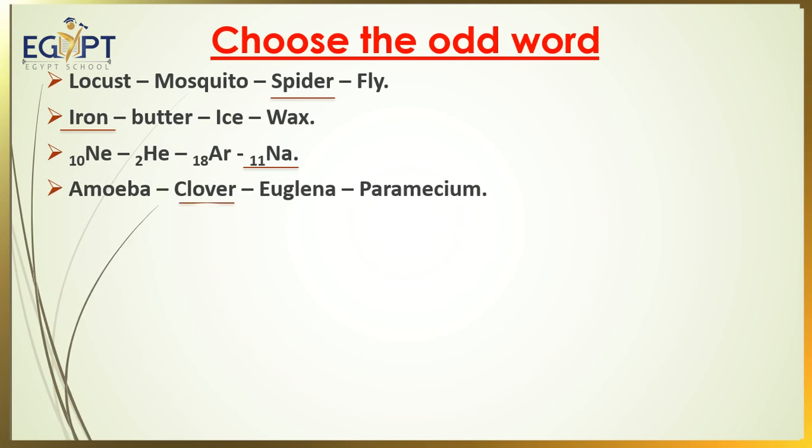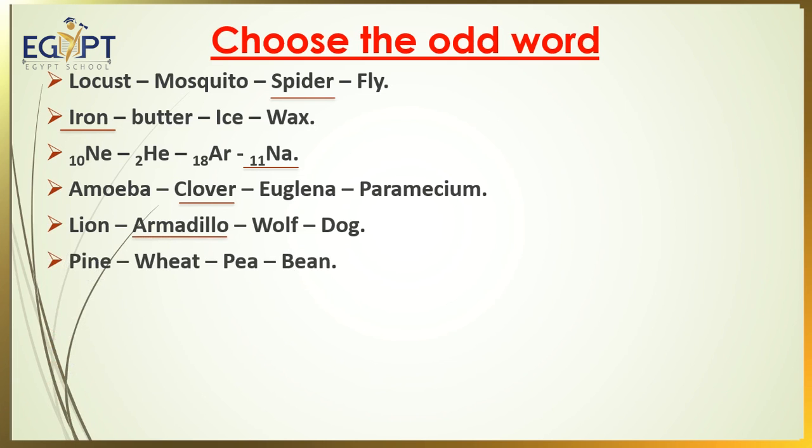Amoeba, euglena, and paramecium are unicellular microorganisms, while clover is a multicellular organism. Lion, armadillo, wolf, dog. The difference here is armadillo, because all of these animals have teeth, while armadillo has no teeth.